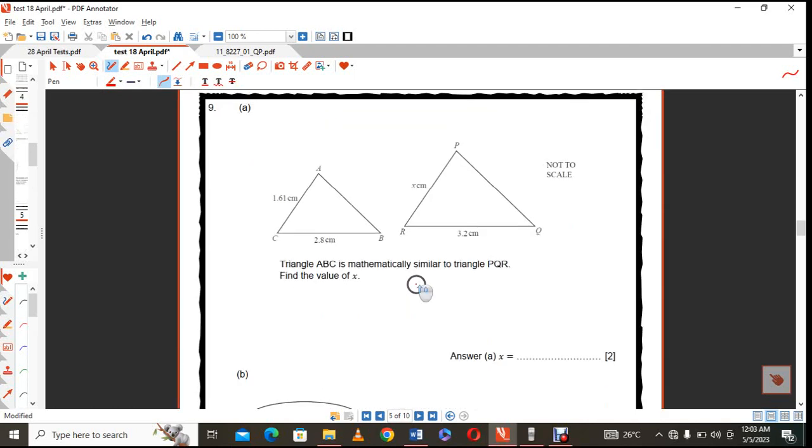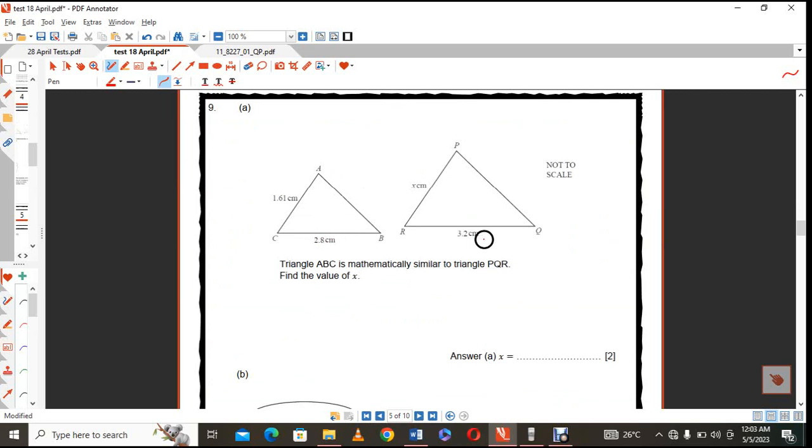Good. Question 9a, they are saying these two triangles are mathematically similar, and you're supposed to find the value of x. Corresponding sides of similar triangles are going to be in the same ratio.